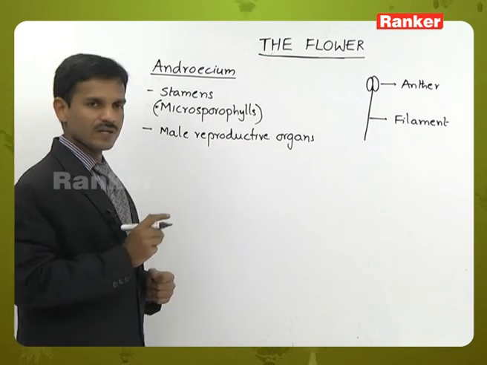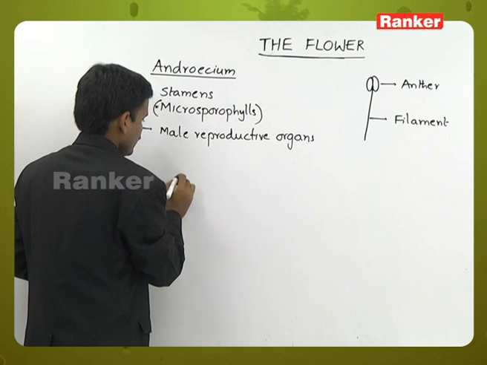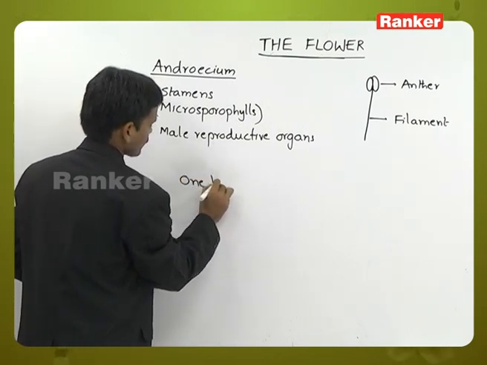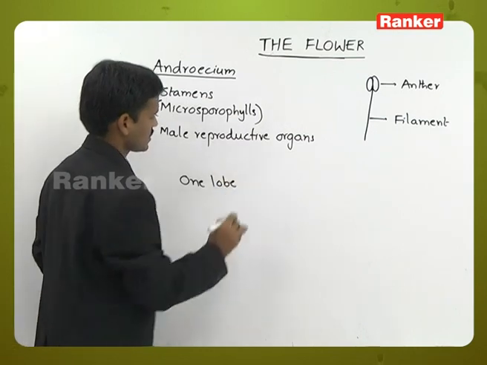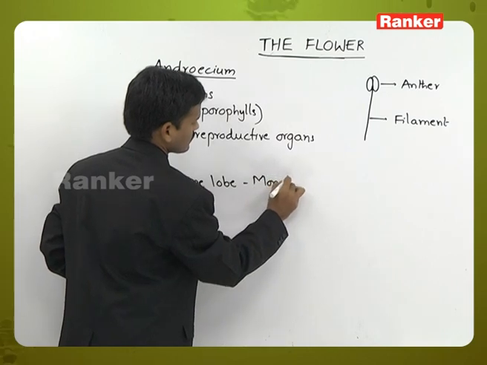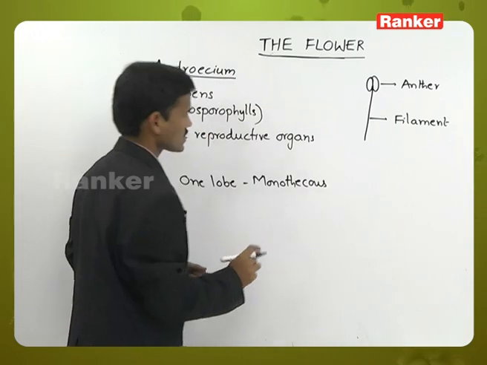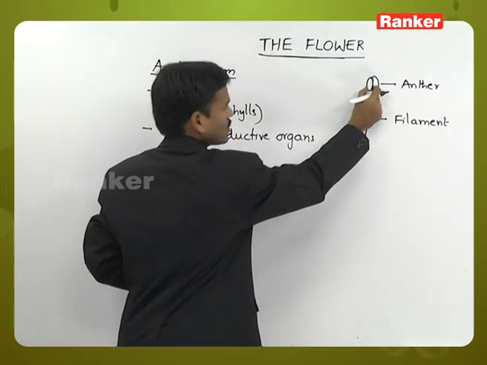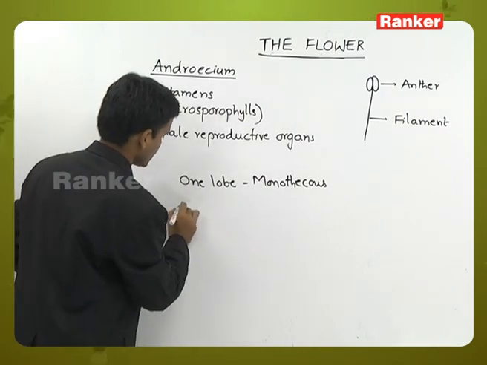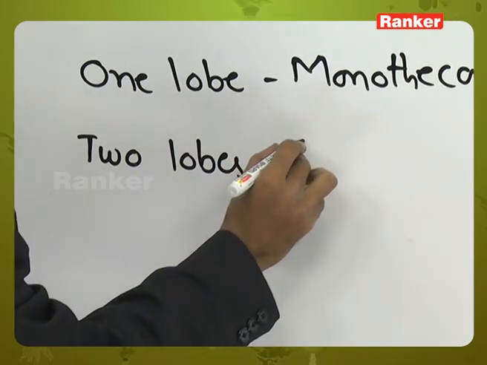So, an anther has one lobe or two lobes. If only one lobe is present, it is called a monothecous anther. Sometimes two lobes are present, it is a two-lobed anther, the dithecous anther.